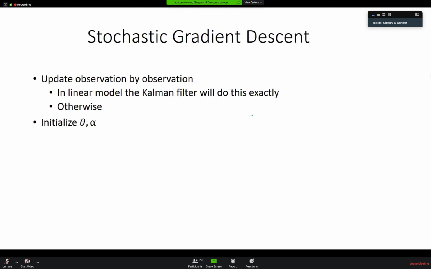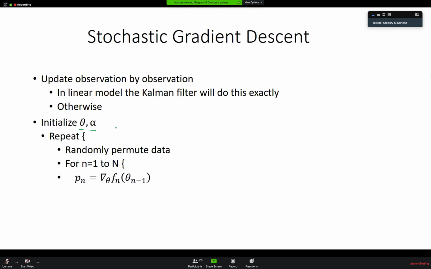Otherwise, this is what we do. We initialize theta and alpha. That is, we have a starting value and a starting learning rate. Then we repeat the following. We randomly permute our data.